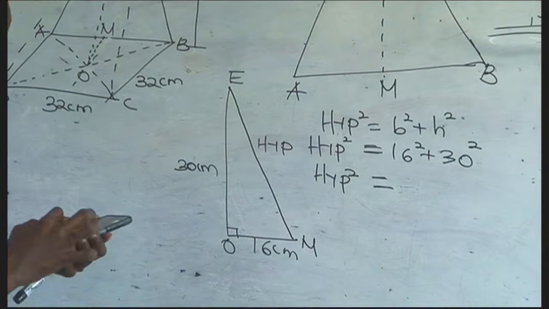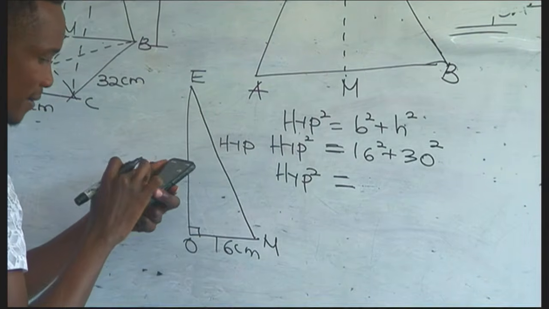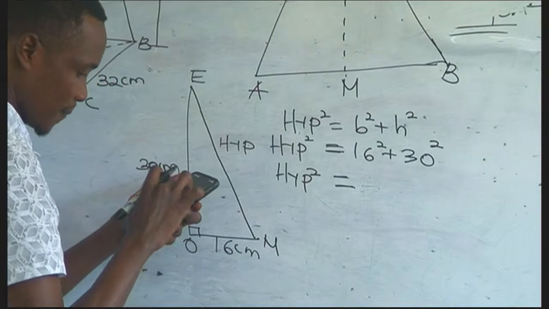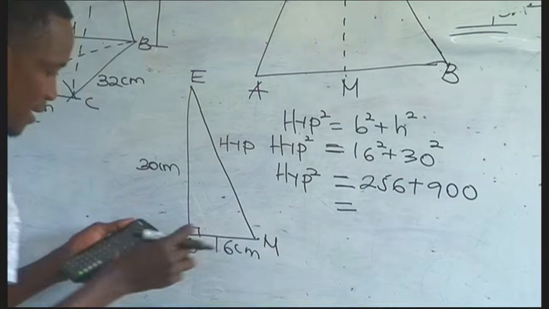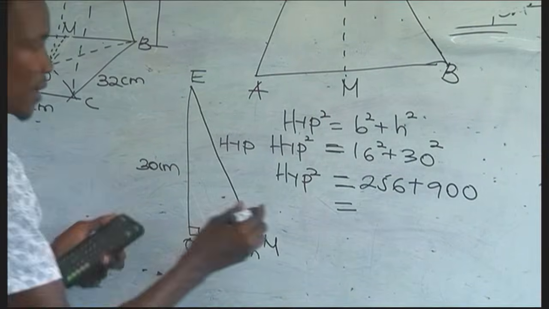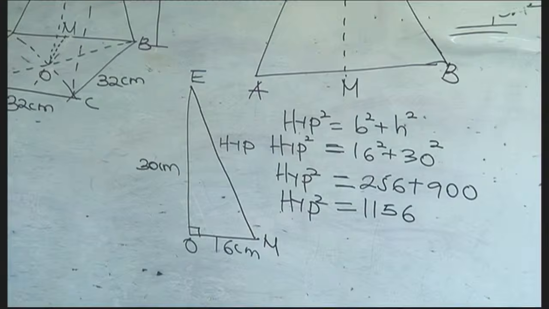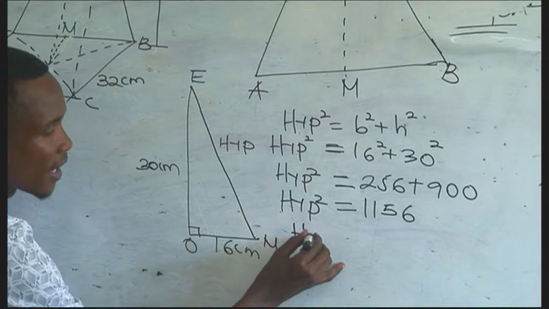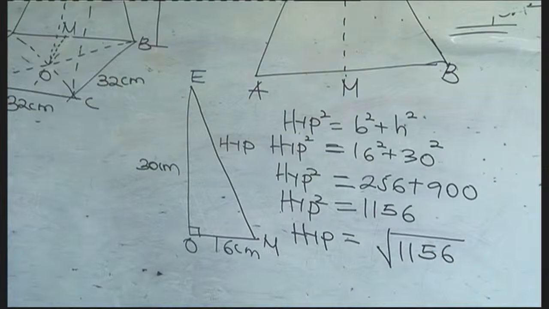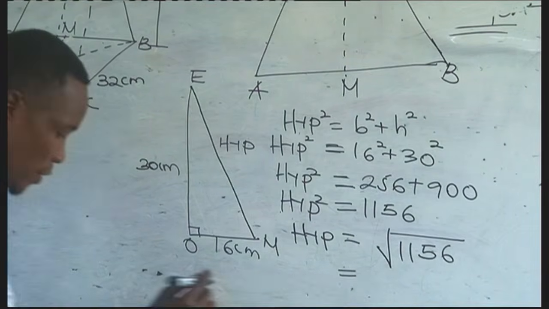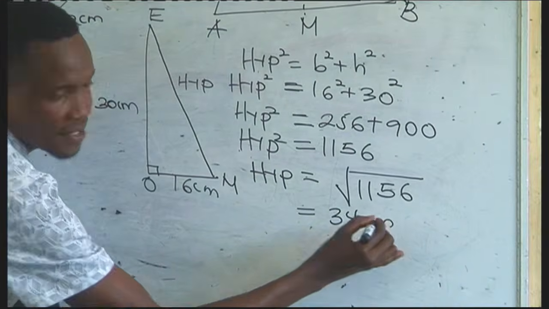Let us work it out. 16 squared is 256, plus 900, that will give us 1156. Now, that is the square of the hypotenuse. To get the hypotenuse itself, we find the square root of 1156, which will give us exactly 34 centimeters.